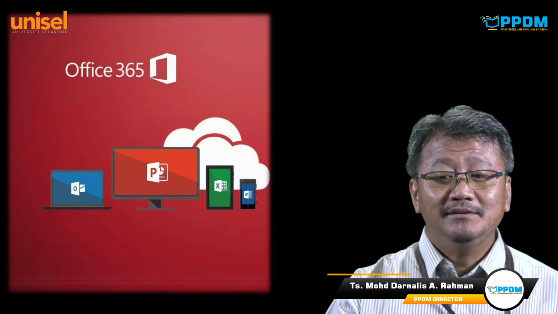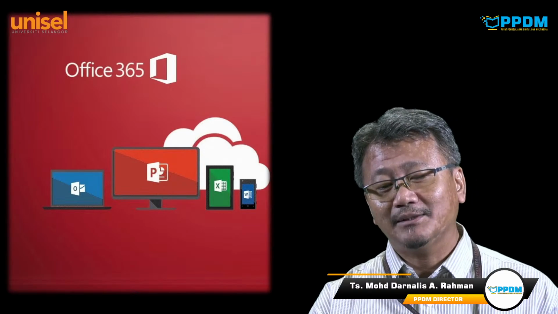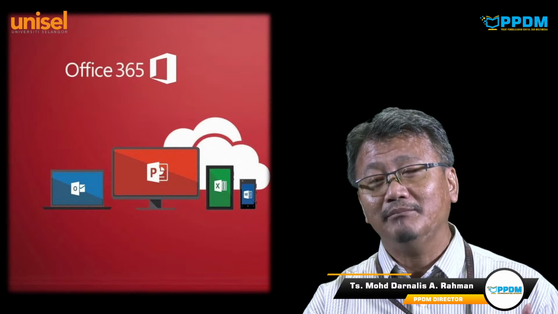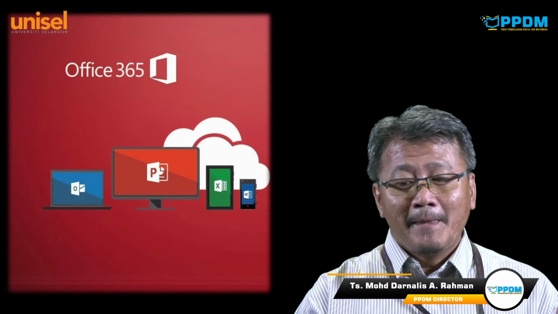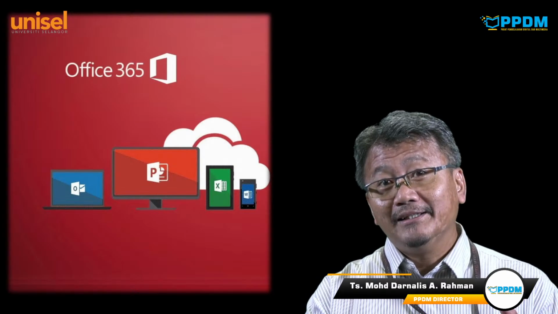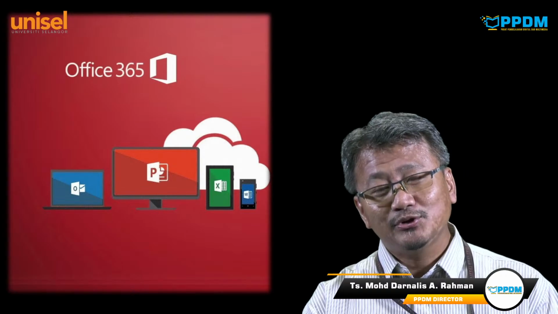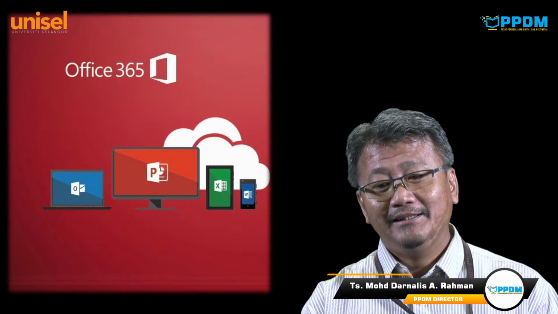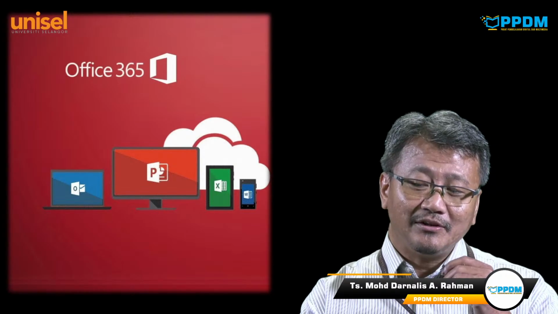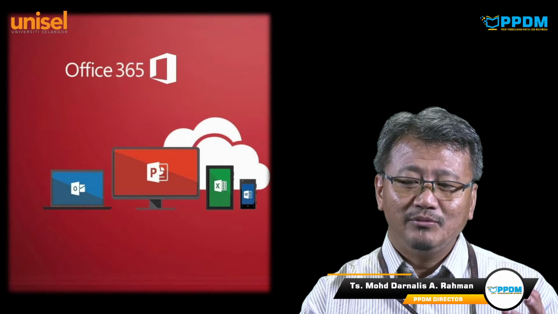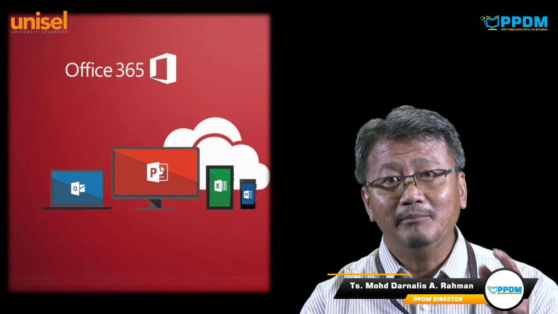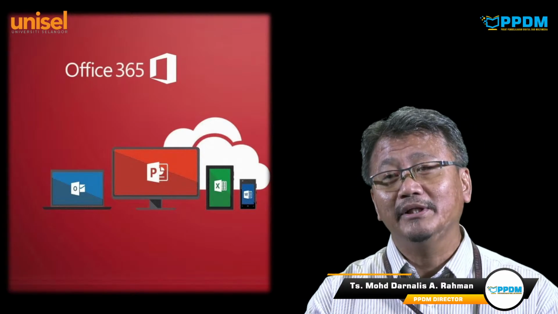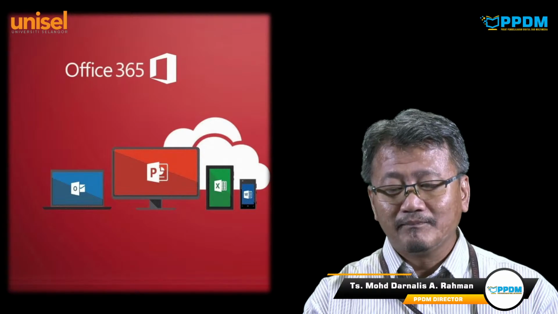For your information, students were supplied with a Microsoft EDU account. That is your email, which I will explain to you in the next slide. Now, the version of Office 365 which is supplied to you is the online version only. Remember this, it is the online version only. You won't be able to download.